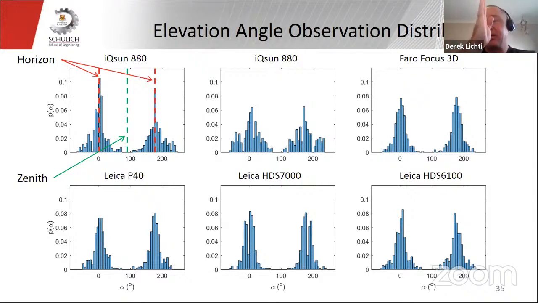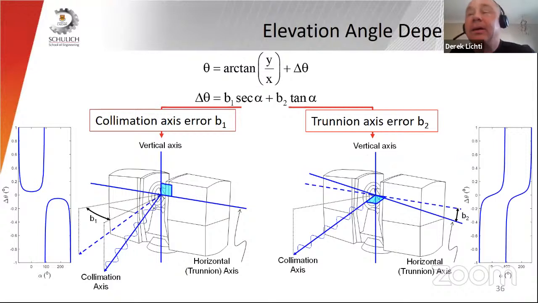And then up at zenith, there are actually very few, despite best efforts to place targets up above the instrument. And so the question is, what is the impact of this in our self-calibration problem? And to contextualize that, let's go back to our direction observation and look at a couple of terms from that systematic error correction, delta theta.